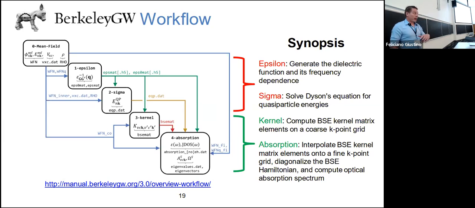The output generated by these 2 modules, in particular the inverse dielectric function and the solution of the Dyson equation, is then plugged into Kernel and Absorption. Kernel first calculates the Beta-Salpeter Hamiltonian kernel's matrix elements over a coarse grid of K points, and then Absorption takes in the kernel's matrix elements, interpolates them on a fine K-point grid, builds up the Hamiltonian, diagonalizes it, and gives you the optical excitation energies and exciton wave functions.